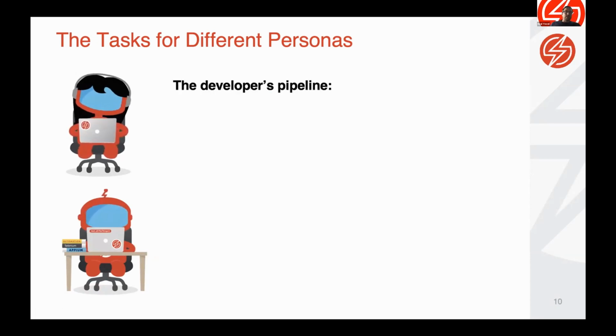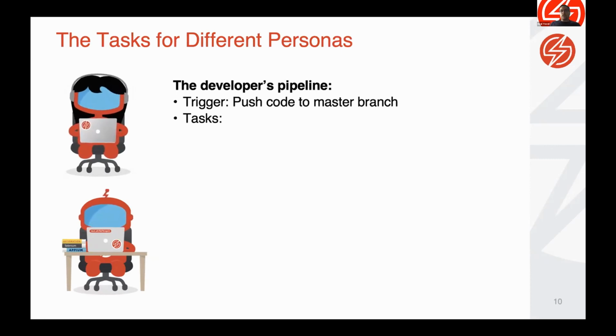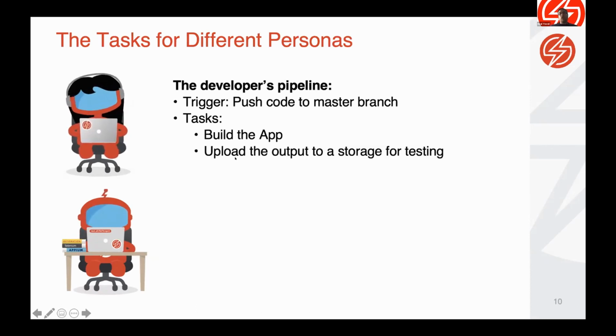So the developer pipelines. Mostly the trigger to run the developer pipelines will be pushing code to the master branch. So push the code, and that triggers the pipeline to start running. In my opinion, the two important tasks when the pipeline is running are that we want to build our app, and we upload the output to a storage for testing.